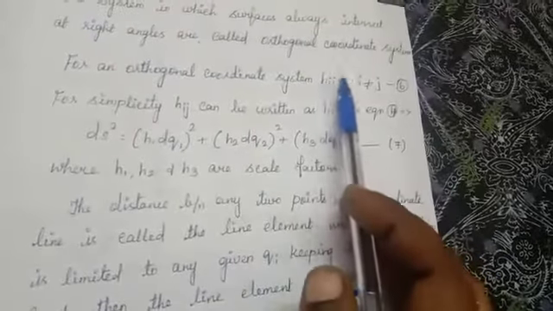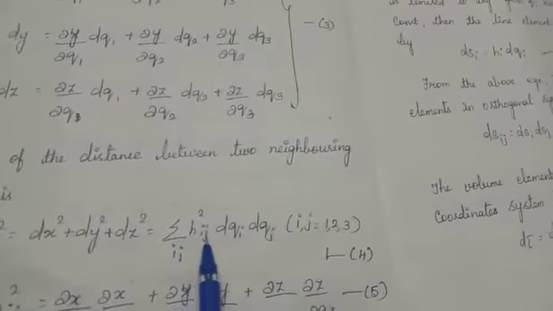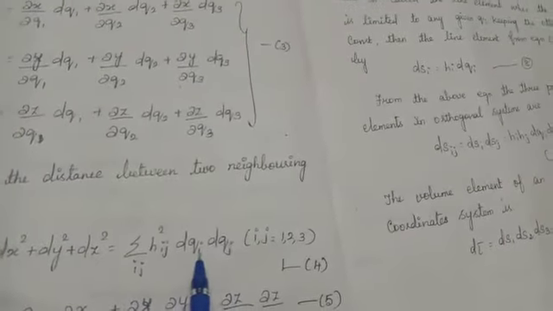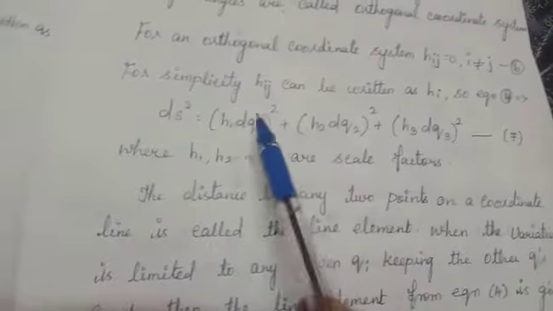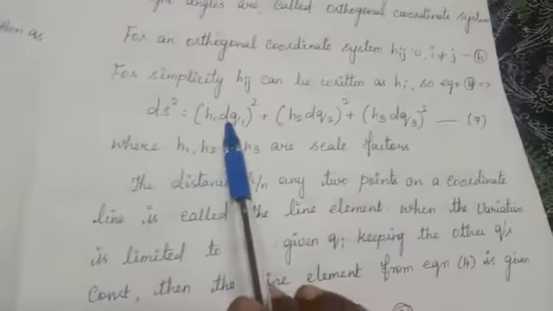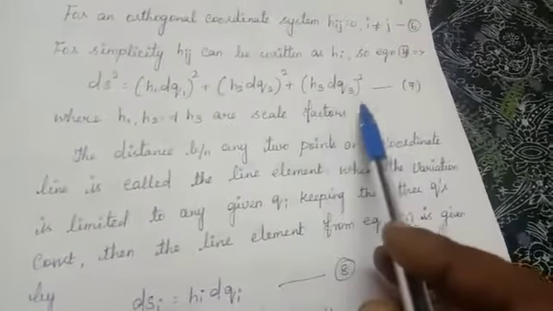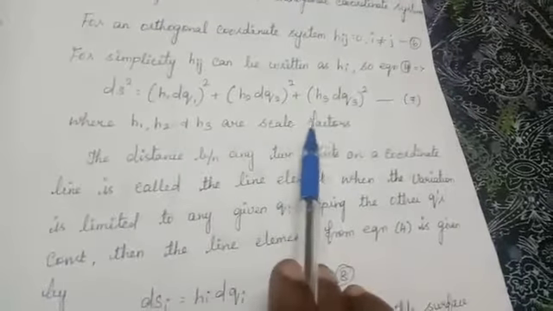From equation 4 we can write ds square equal to h1 dq1 whole square plus h2 dq2 whole square plus h3 dq3 whole square, instead of dx square plus dy square plus dz square. Here h1, h2, h3 are called scale factors.